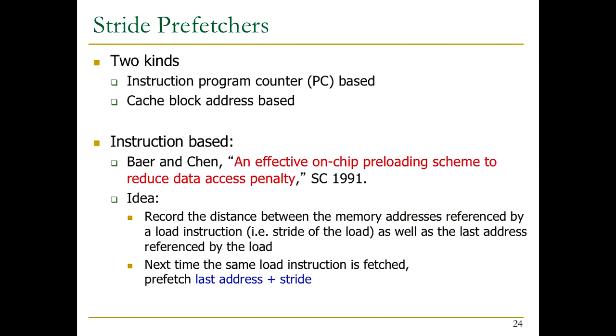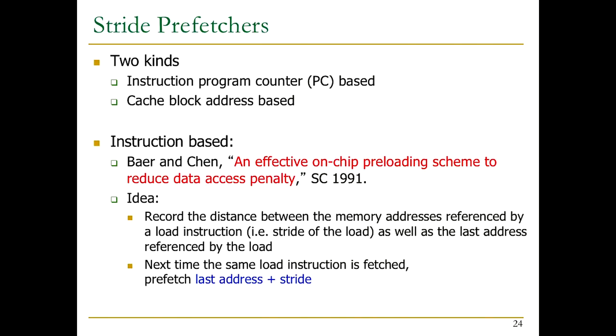If the load is always accessing address A plus 3, A plus 6, A plus 9, by just observing 2 consecutive executions of that load, you can determine the stride, and you can determine what to prefetch next. So next time you see the same load instruction, you prefetch the last address you've seen for that load plus the stride. Make sense? That's pretty simple, right?